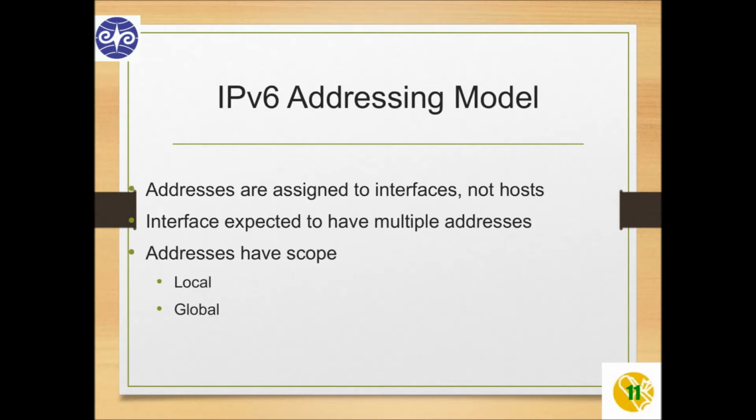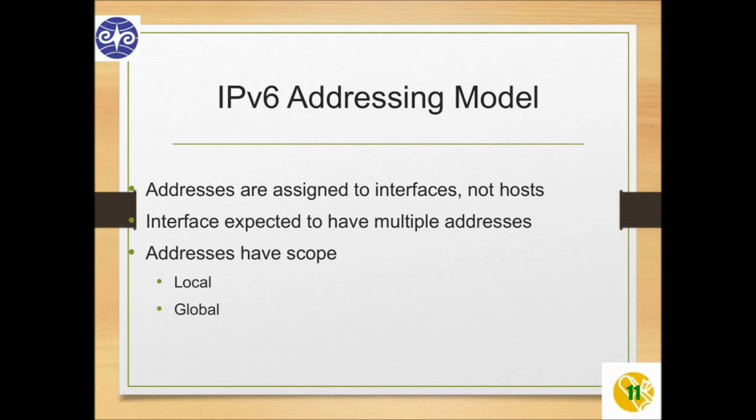IP addressing models. Dear students, there are two models of IP addressing. First is local and second is global. We will discuss them here. There are 2 points in this slide. First point, addresses are assigned to interfaces, not hosts.